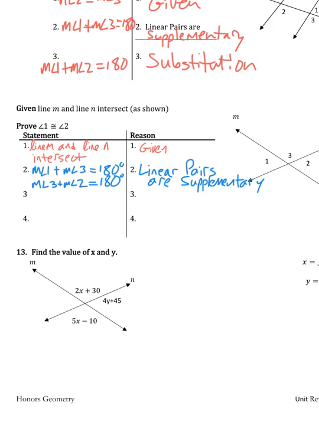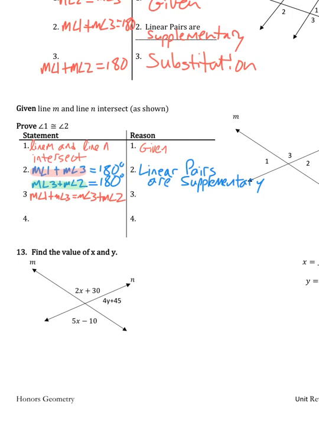Well, if 1 plus 3 equals 180, and 3 plus 2 equals 180, then we know that these two things highlighted have to be equal to each other. So we can make one equation out of that. The measure of 1 plus measure of angle 3, this red one, is equal to the measure of angle 3 plus the measure of angle 4 here, this other one. All right, so those two things are equal.